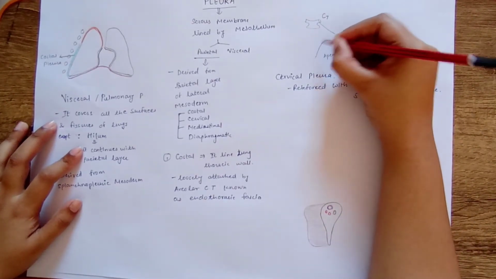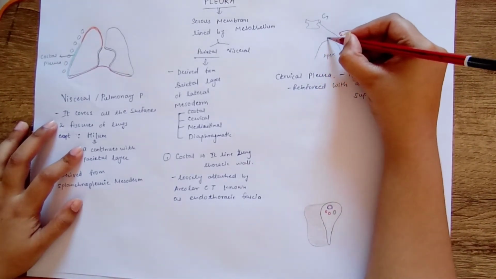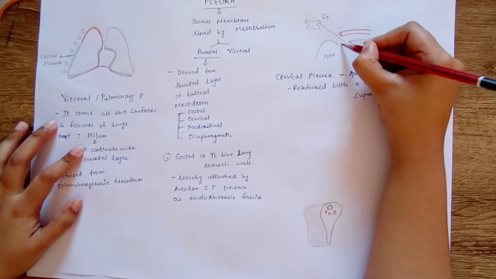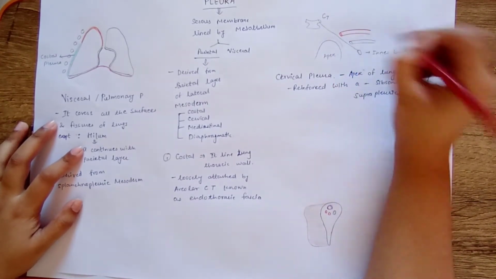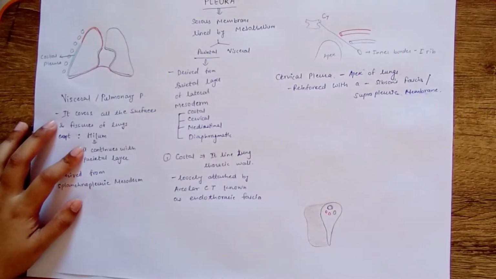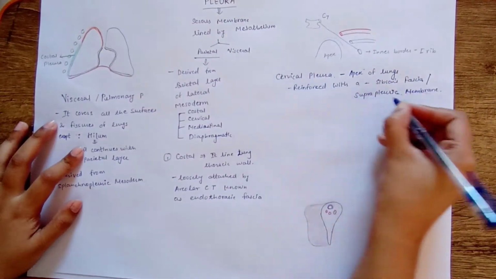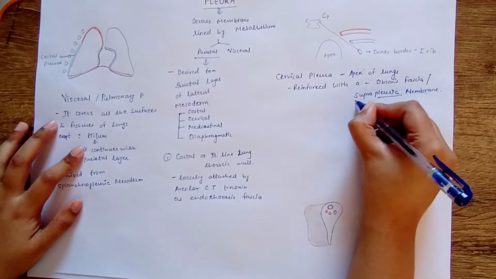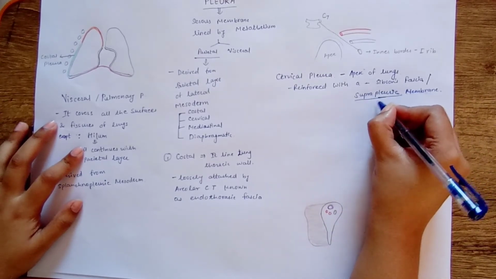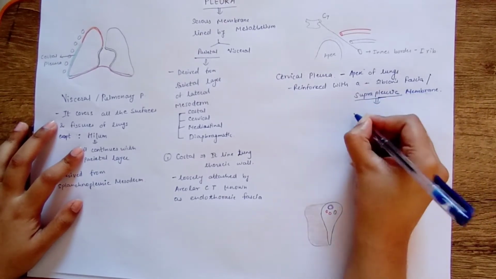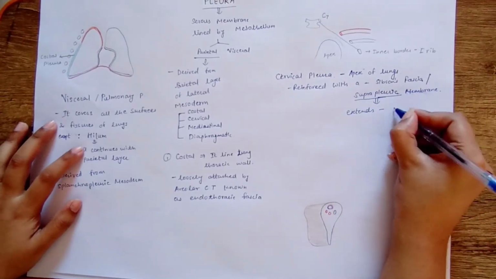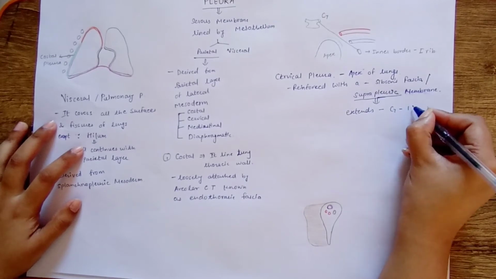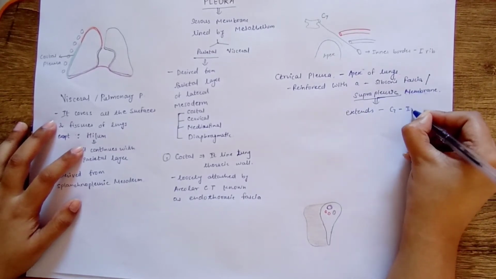So the cervical pleura lies here, lining the apex, and it is reinforced with this membrane called Sibson's fascia, or suprapleural membrane. It extends from C7 to the inner border of the first rib.